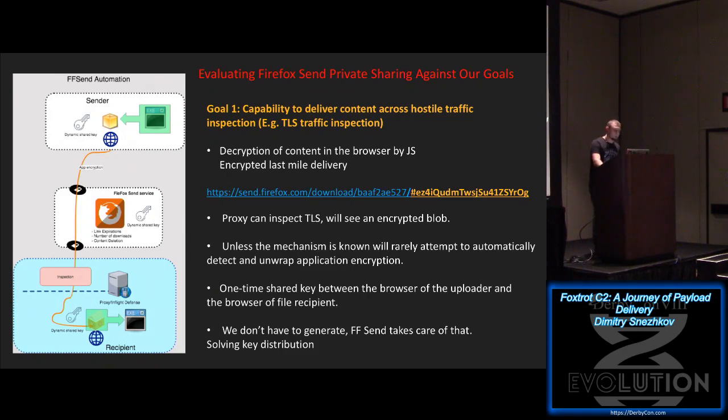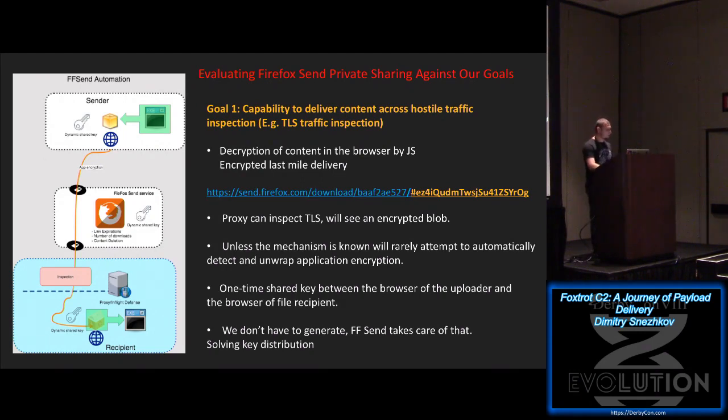So goal number one was to avoid traffic inspection through the TLS. What happens here is that an exe, or a file, or JPEG, gets symmetrically encrypted, and that's what the user actually retrieves on the other end.